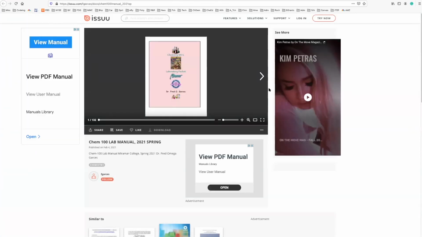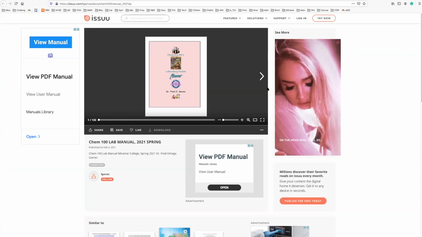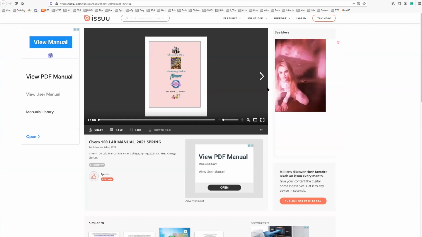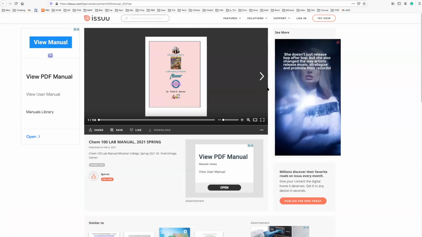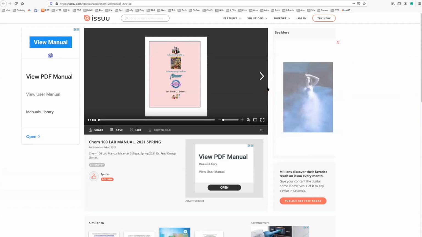The other lab manual that I had is called Flipbooks, and I was just doing it for trial because I didn't pay the subscription, which was about $200 a year. Didn't really have money to do that. But I tried it, I really liked it, but I wasn't going to pay $200 a year just for you guys to see this.